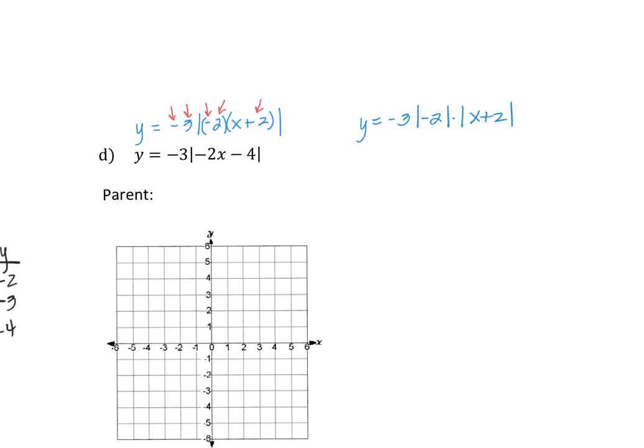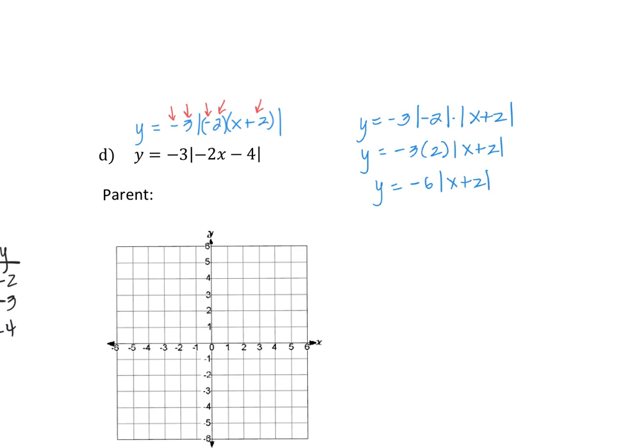And now the absolute value of negative 2 is simply positive 2. So this becomes negative 3 times 2, absolute value of x plus 2, or y equal to negative 6, absolute value of x plus 2.